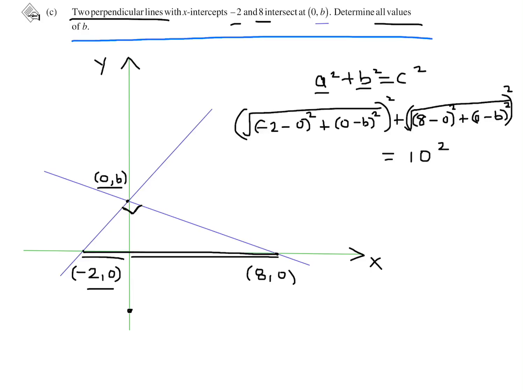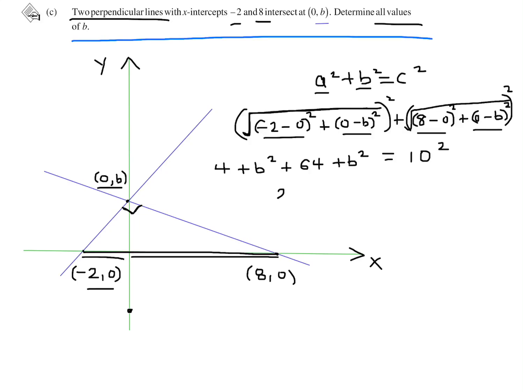All right? So now the good news is that because we have a square root that we're squaring, that just disappears. So we just get minus 2 squared, which is 4, minus b squared, which is b squared. Over here we have 8 squared, which is 64, and minus b squared, which is just b squared.